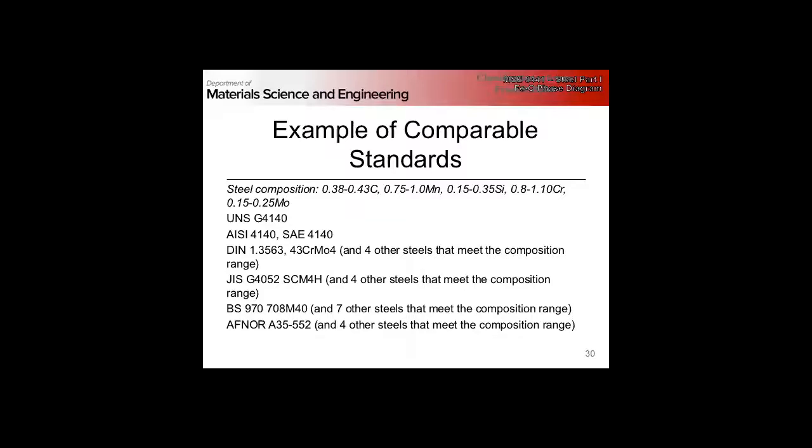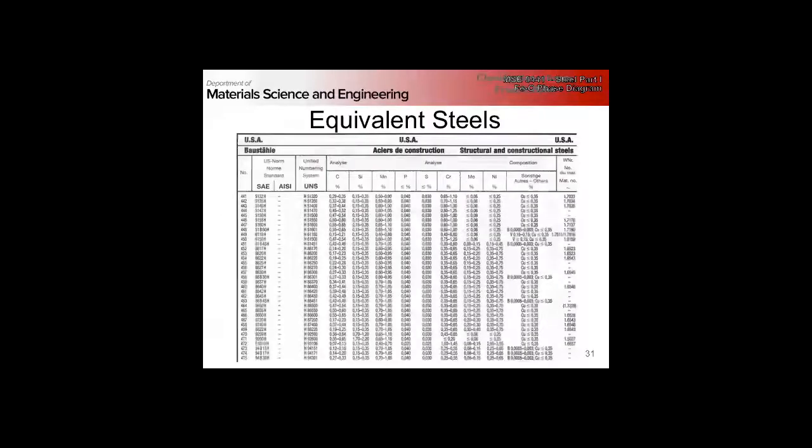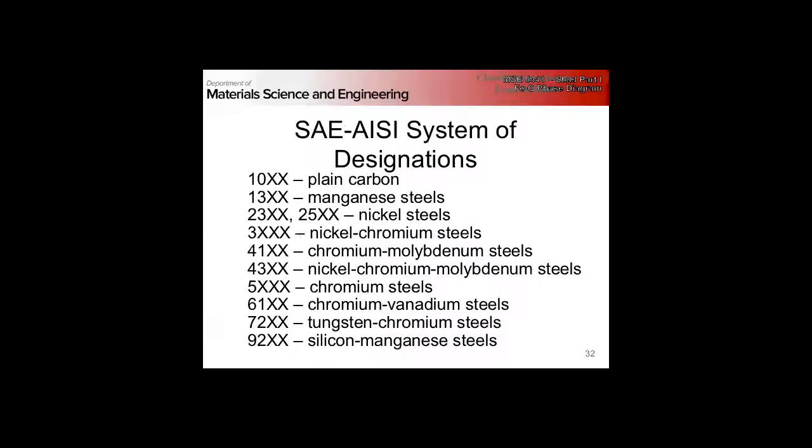So we have the German, the Japanese, the British, the French, right? And even within here, there's multiple other steels that meet the classification range with minor differences that would all qualify under the definition of 4140, right? So there's big handbooks basically cross-referencing all the different specifications and keeping track of what's what.